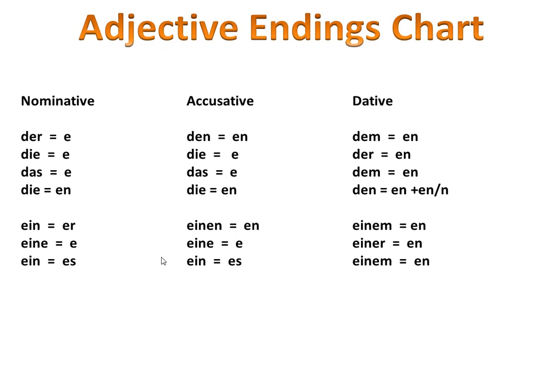In the accusative case, everything stays the same except for der words, which change to einen, and then the adjective ends in en. And then the dative, similar to the definite articles, you have endings of einem for masculine nouns, einer for feminine nouns, einem for das nouns, for neuter nouns, and the adjectives end in en.